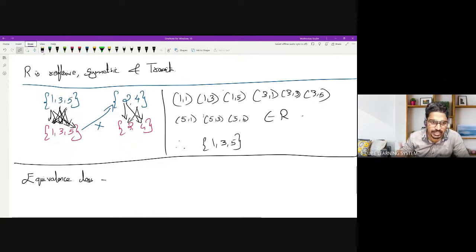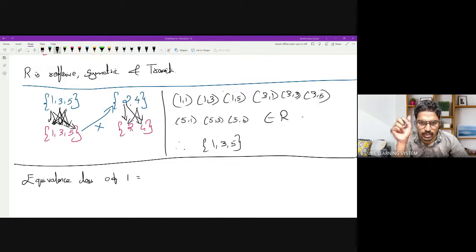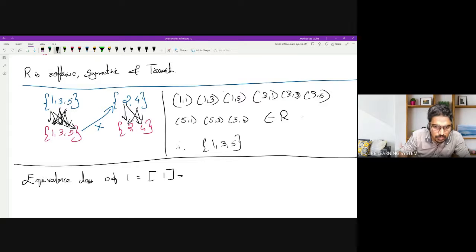When you look into the above example, if we write the equivalence class of 1, 1 is an element in the relation. We normally represent the equivalence class of 1 like this, and both representations are correct.